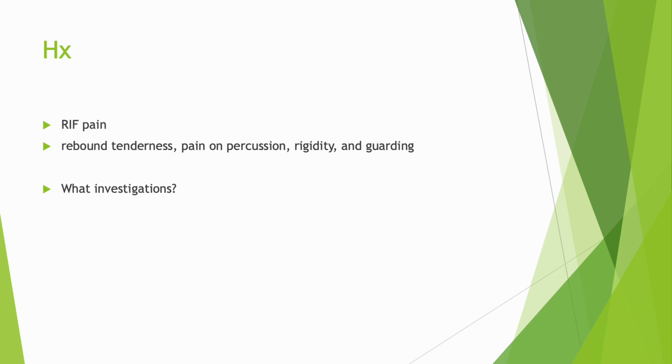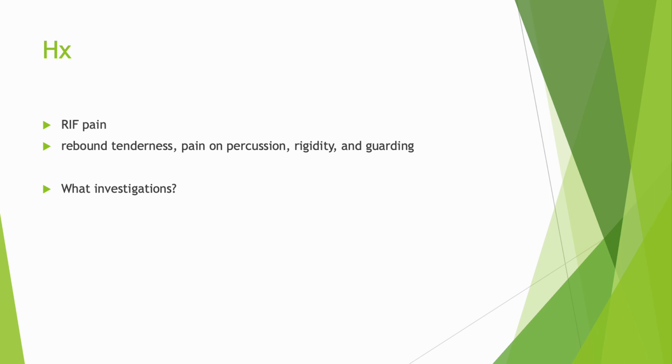So in this case, I think it would be useful to get a CT Abdomen Pelvis, querying something like an appendicitis or a perforation as well, as it is highly suggestive with the right iliac fossa pain and the rebound tenderness.